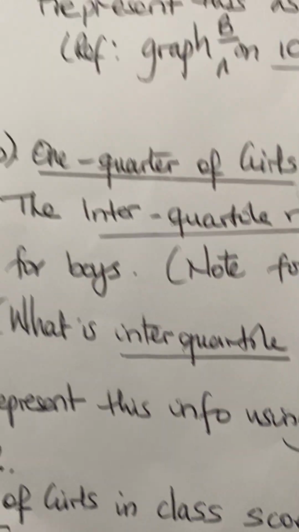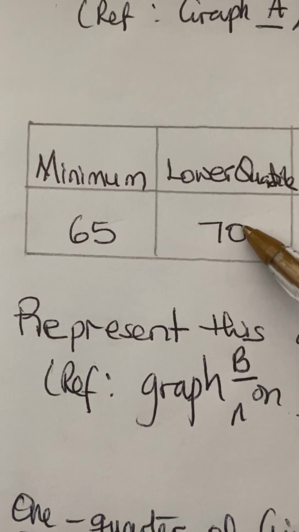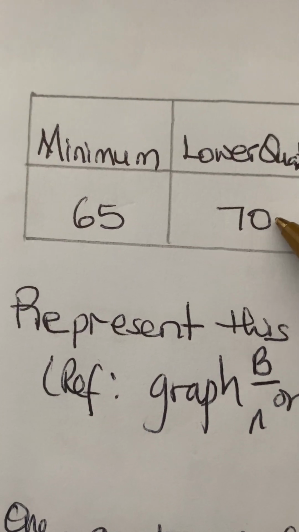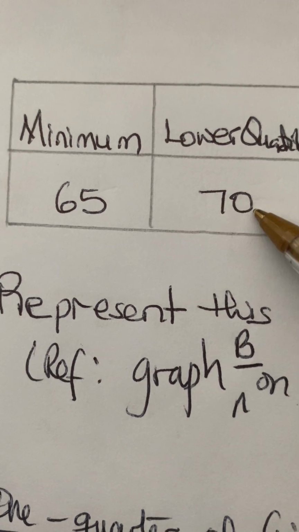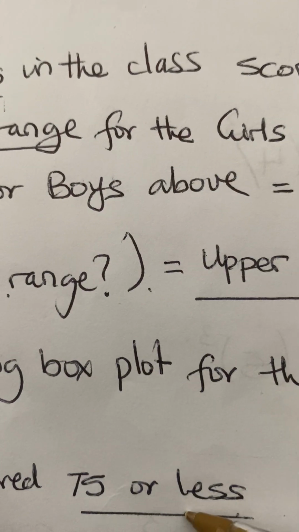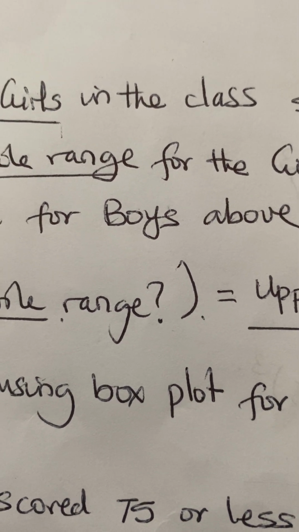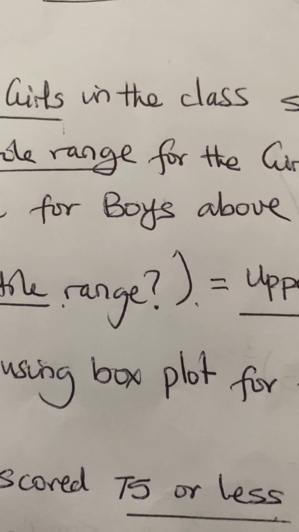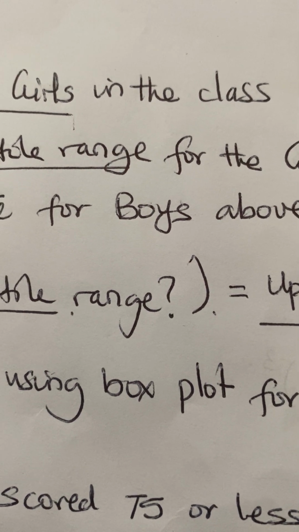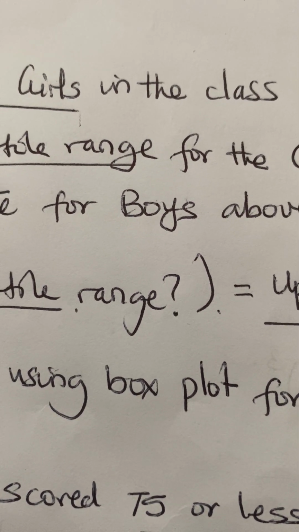Okay, unlike the boys, one quarter scores 70. So because of the 75 for the girls, it's going to push your interquartile range up. So the lower quartile will go up by 5, which will affect the upper quartile.